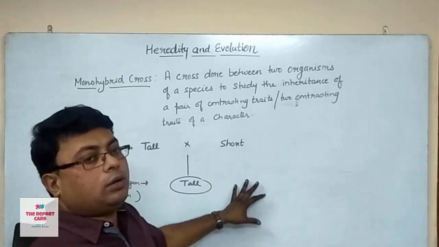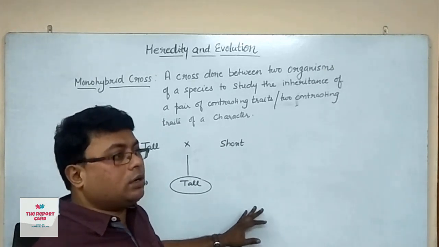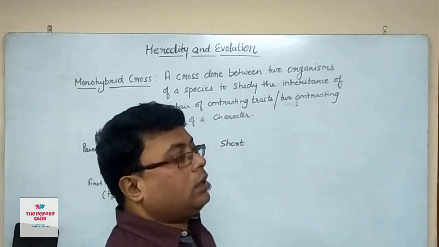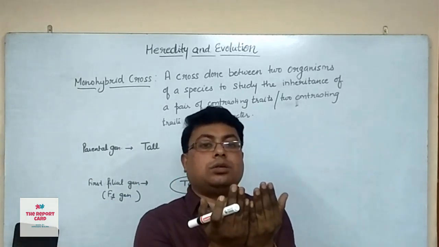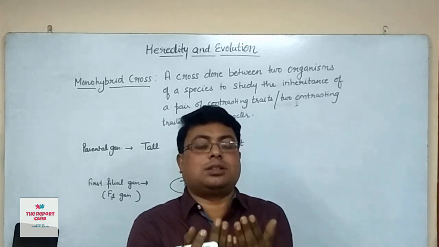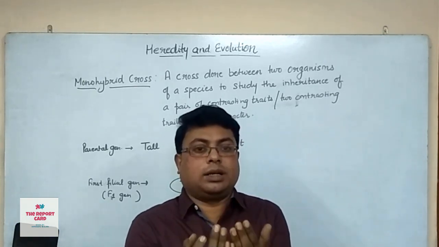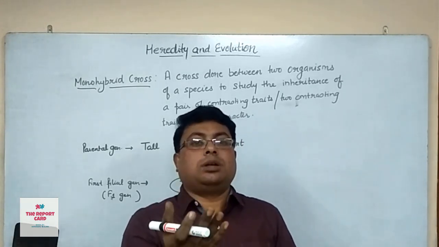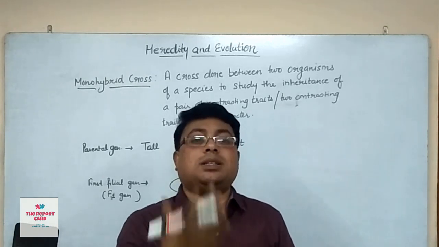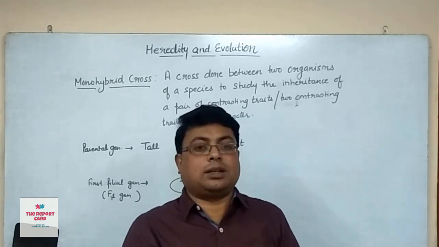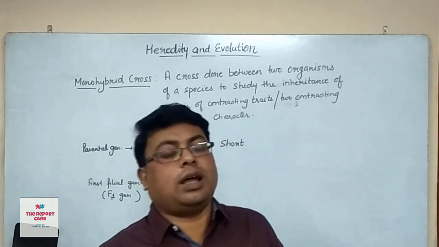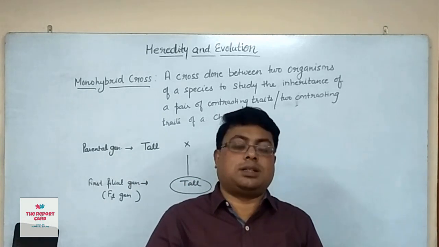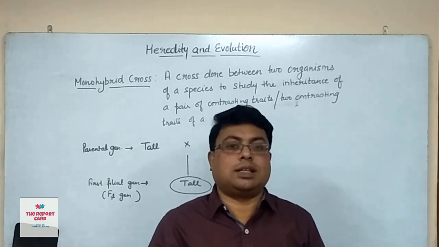But with this experiment, what did Mendel conclude? Mendel concluded that whenever there is a combination of two different alleles for a particular character, one of the alleles shows its trait, or expresses its character, and that allele is known as the dominant allele, and the other one which is not able to express itself is known as the recessive allele.